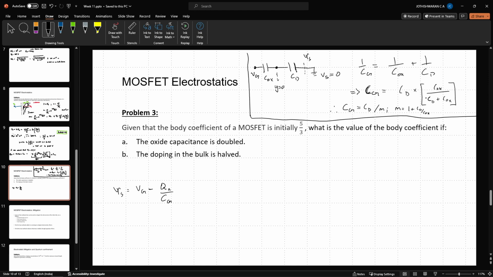If you look at this quantity here, the relation between Cd and Cox, the oxide capacitance, tells us that if this quantity becomes greater than 1, then Cg becomes smaller, which is something that we don't want.